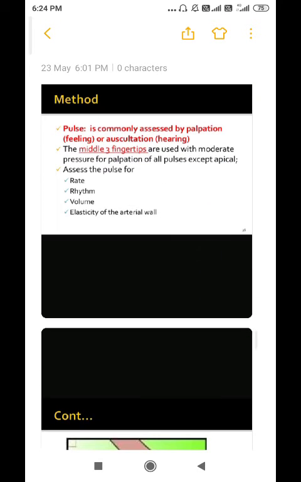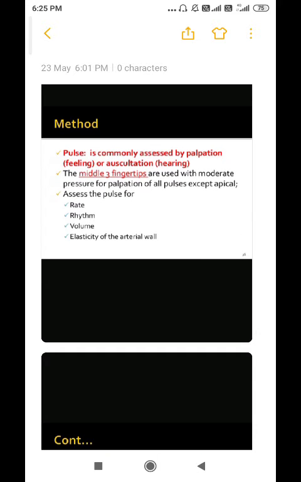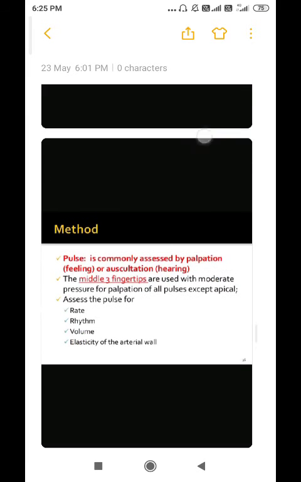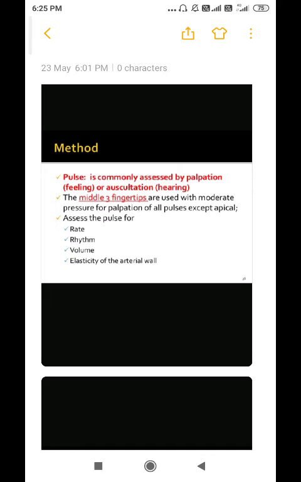And methods. So pulse is commonly assessed by palpation, feeling. Okay, already I told you how we feel. Here some sites are there, so you should check those sites and you feel it and you hear it.